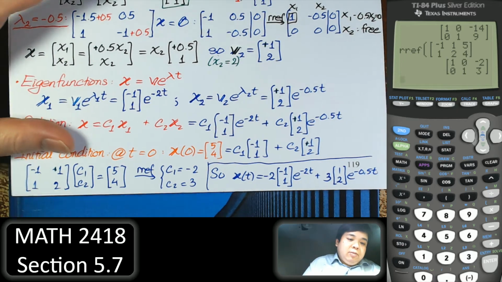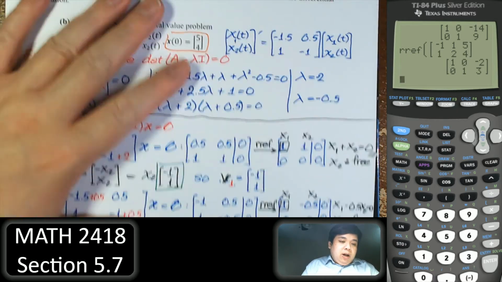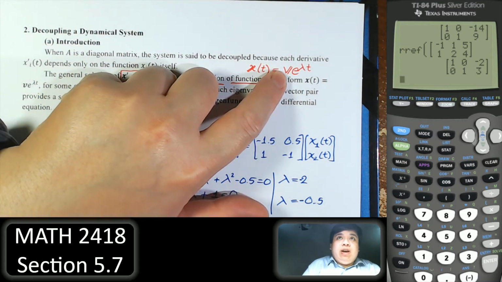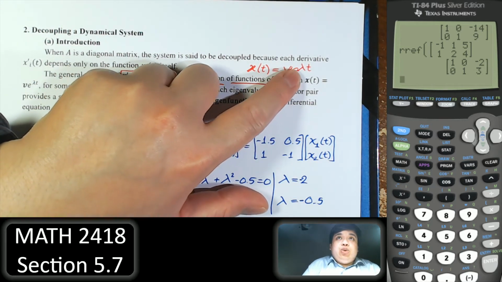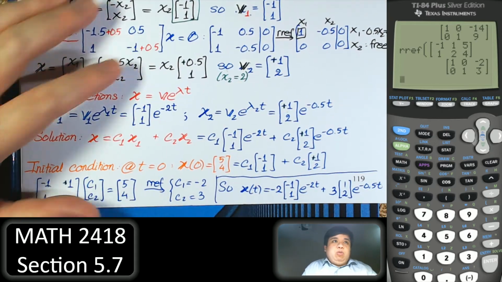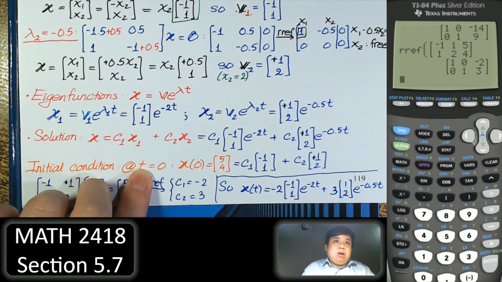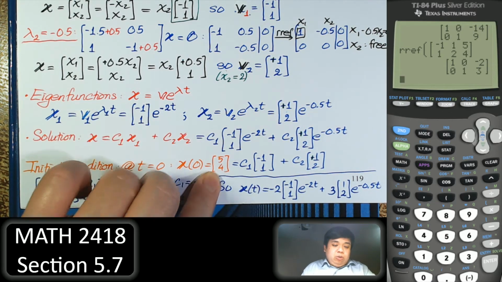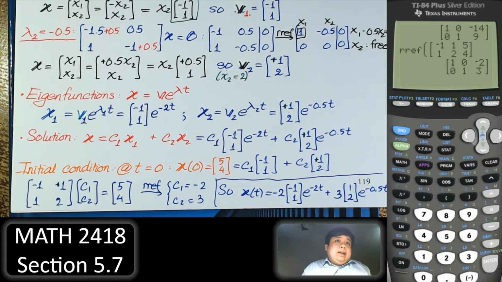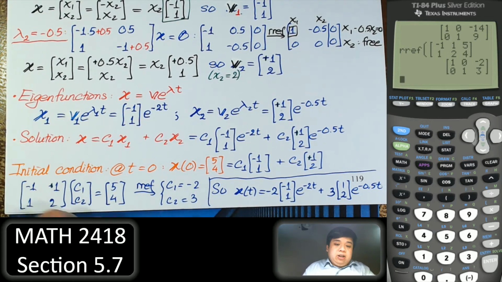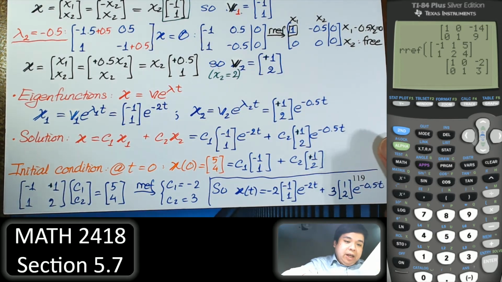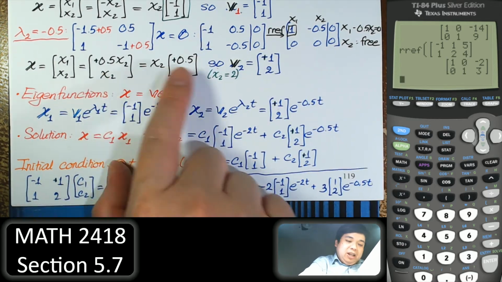So bottom line is, the solution, which we call the eigenfunction, is based on the eigenvector times e to the lambda t. Of course, if we have the initial condition, when t equals some particular value, we make the function equal to that value and solve for the coefficients. So the answer is what we have there. Sorry about that, I made a silly mistake here.